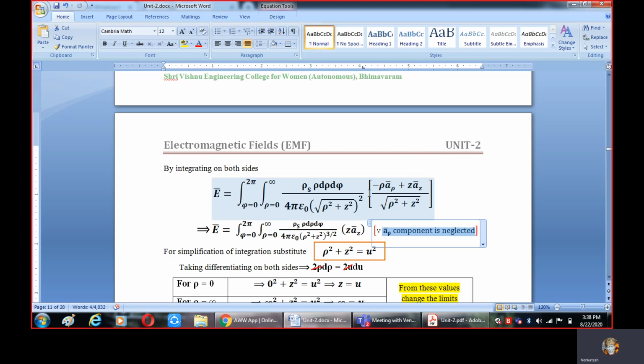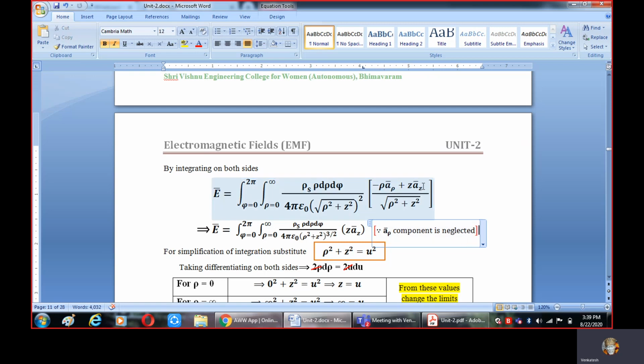If we continue the a_rho bar term until the last step, when we replace the limits rho equal to 0 to infinity, the upper limit is infinity and the lower limit is 0, so infinity minus 0 becomes infinity. Infinity into a_rho bar is also infinity, and we don't know the value of infinity. So we are initially ignoring the a_rho bar component in this equation.